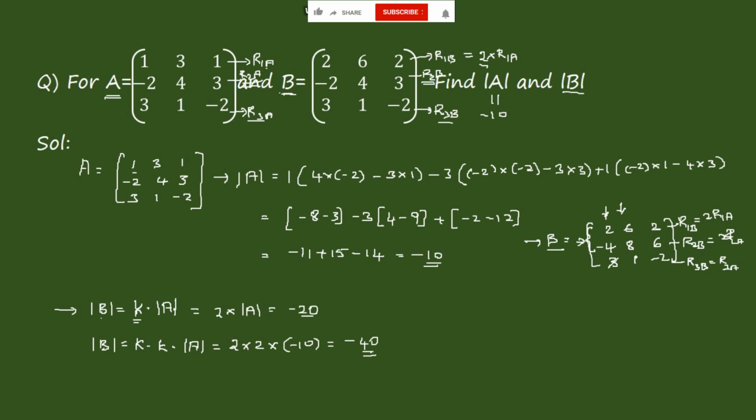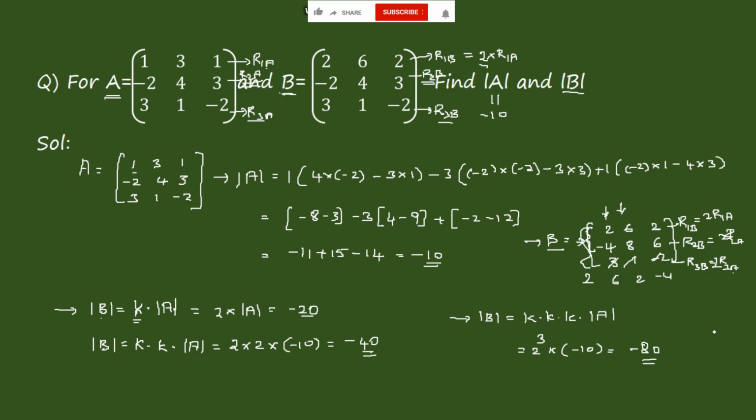Similarly, if you get this term as 6, 2 and -4, then you can say that row 3 of B is also 2 times row 3 of A. Then the determinant of B is k into k into k into the determinant of A. Here the whole matrix is being multiplied by 2. It is a 3 cross 3 matrix, so it becomes 2 cube into the determinant of A, -10, which is equal to -80.